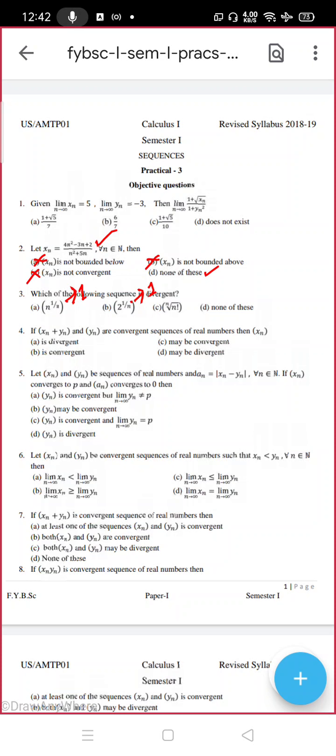Anybody else? Whether it is convergent or divergent, what do you think? I'll prove that this sequence is divergent.